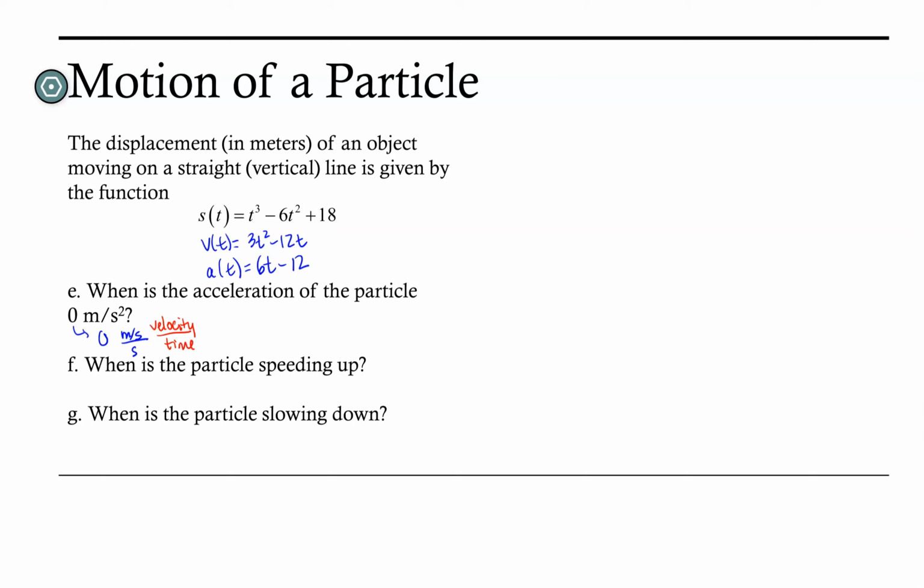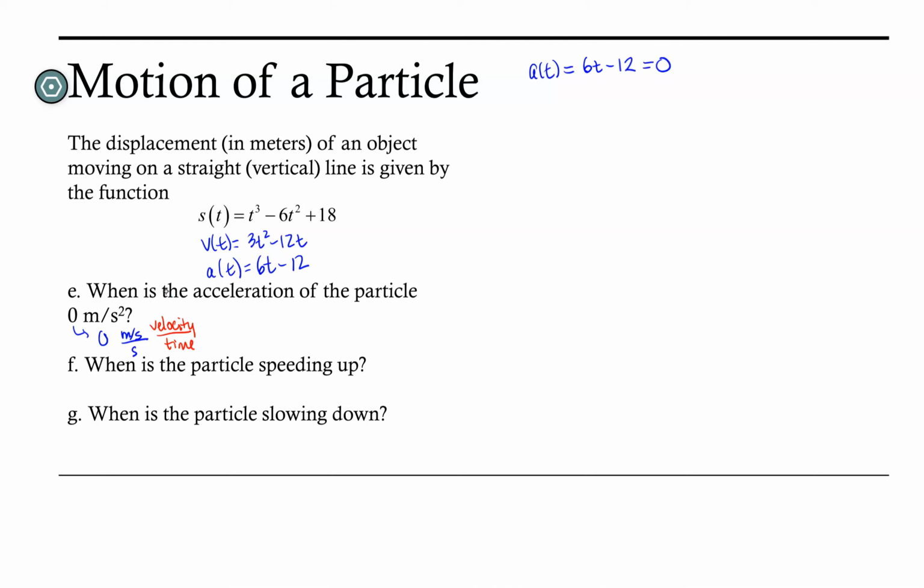So with that in mind, we have previously found the velocity function to be 3t squared minus 12t, and the acceleration function to be 6t minus 12. And we want to know when the acceleration of the particle is 0 meters per second squared. So our acceleration function is 6t minus 12, and we want to know when that equals 0.